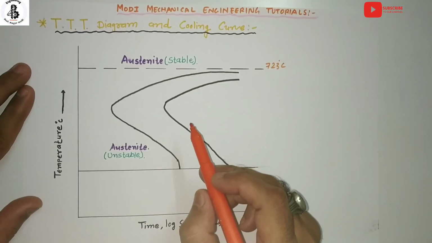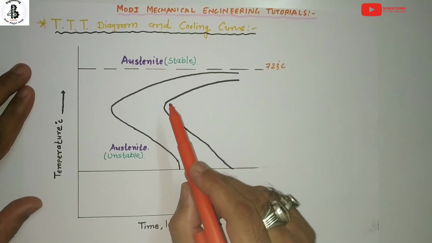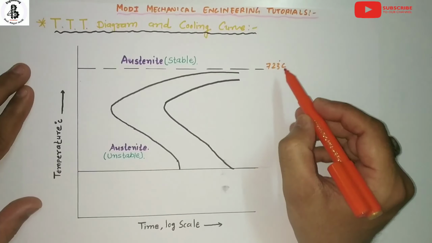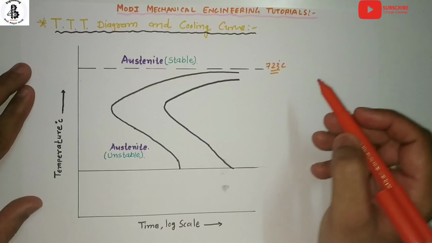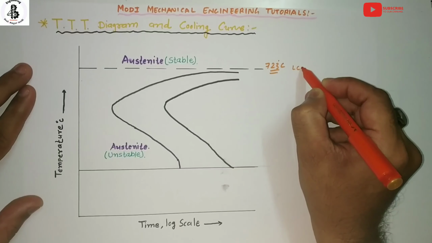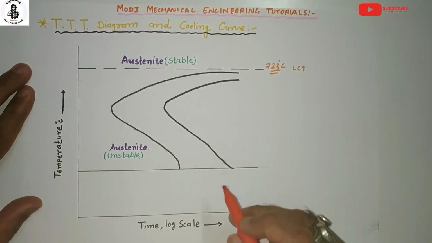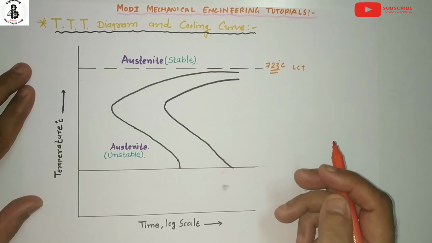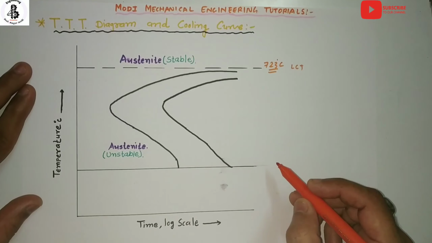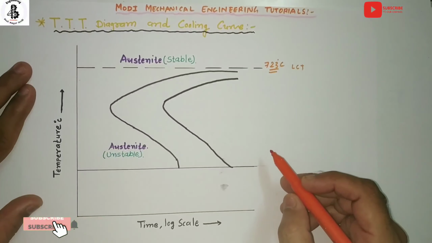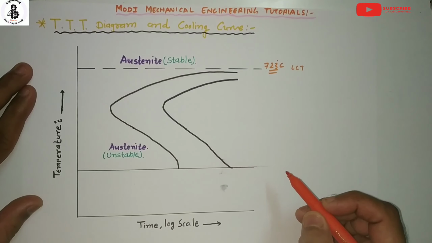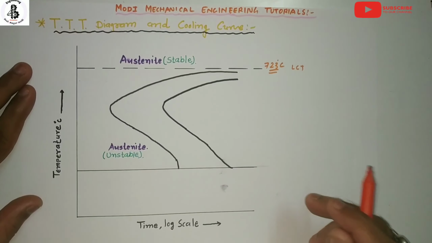Then it will transform into different kinds of structures just below this temperature line, which is also known as the lower critical temperature line as per the iron carbon diagram. Today in this video I would like to take a TTT diagram for hypoeutectoid steel, and see how the cooling curves will affect it.